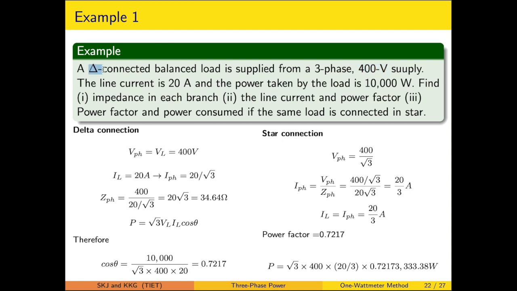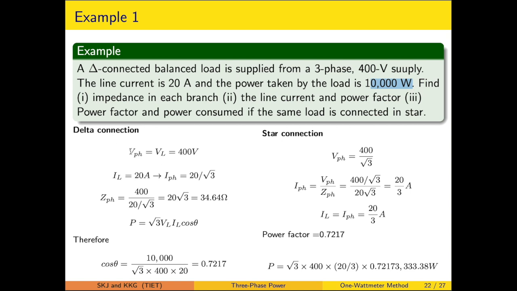The load is connected in delta, the line current is 20 ampere and the total load is 10 kilowatt. We have to find the impedance of each branch, the line current and the power factor. Now the same impedance is connected in star formation, and we have to find the load power factor.